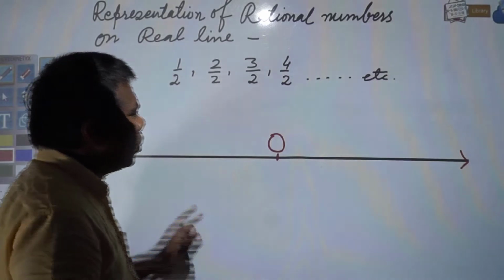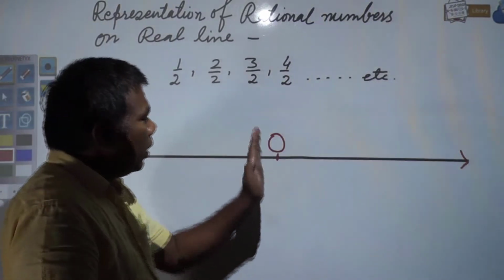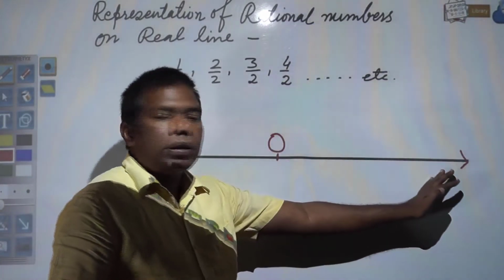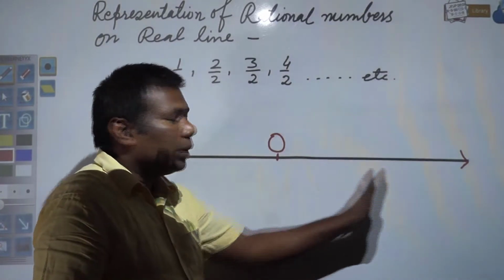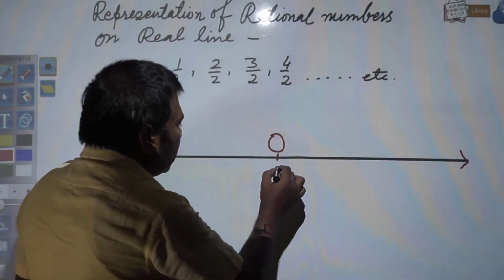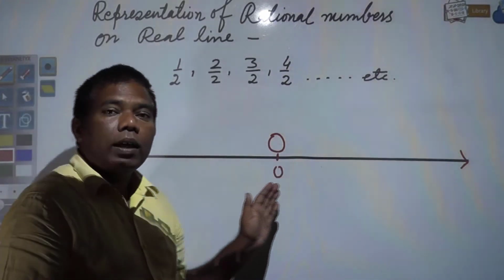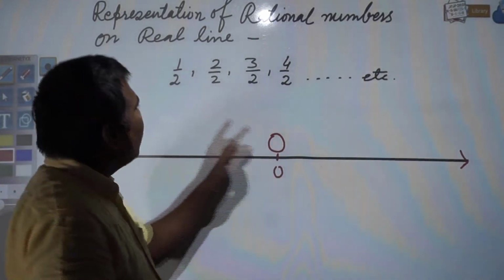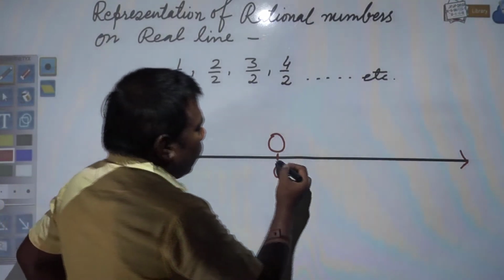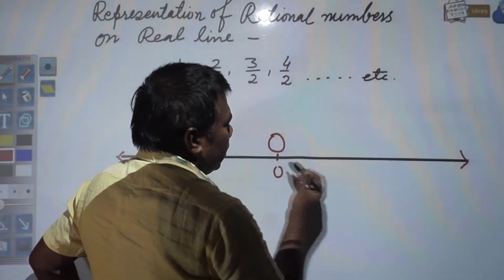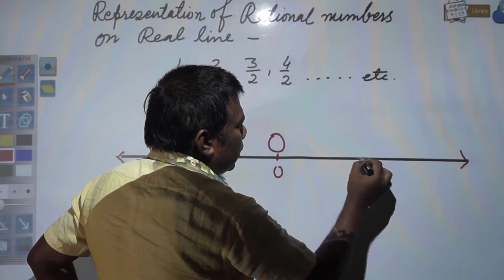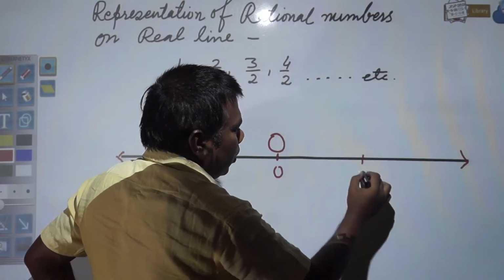This is your number line. The numbers on the right side will be positive numbers, then it is 0, and if you come to the left side, these will be negative numbers. Take a 1 unit distance. Suppose this is 1 unit.